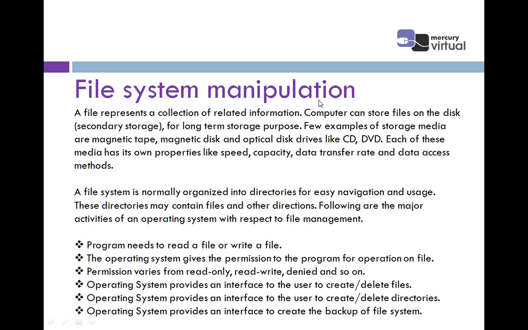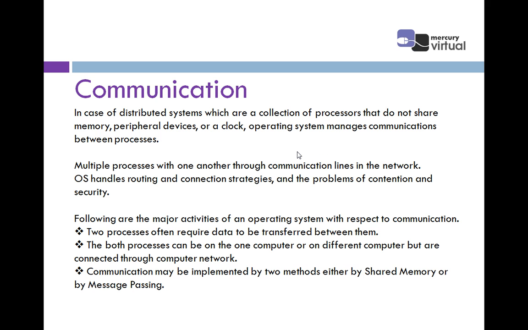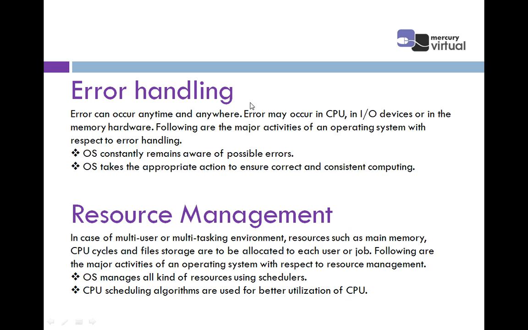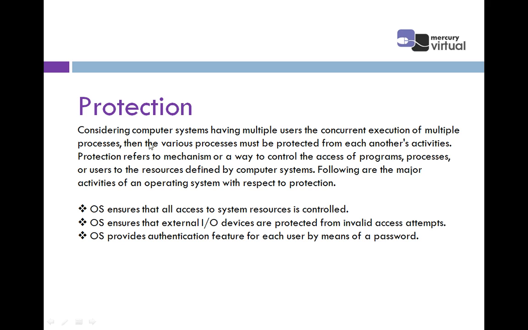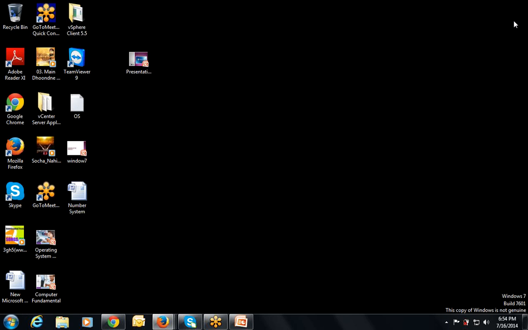File system manipulation means when to store the file in the CD, DVD, it depends on the media. Then how to communicate with different processes, how to handle errors, that is error handling, how to manage the resources of the CPU so that the CPU does not sit idle. Then there is protection, means how to protect from unauthorized access. These are all services that are provided by the operating system.